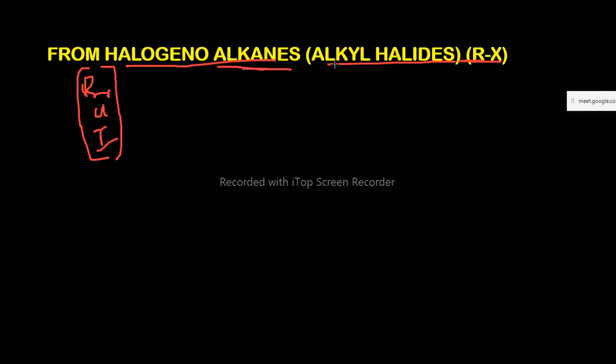So in a halogenoalkane, the halogen is bonded to an alkyl group. An alkyl group could be a methyl group, CH3, an ethyl group, CH3CH2, or a propyl group, CH3CH2CH2, and so on.